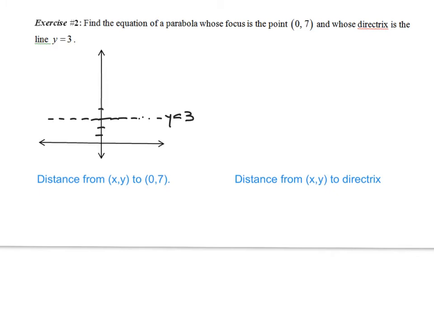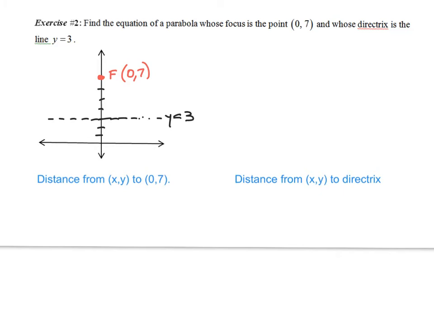Keep counting, 4, 5, 6, 7. So this point right here is going to be the point that forms my focus. I'm going to mark it F for focus, (0, 7). Now we know that the parabola has to have the focus inside of it. And we know that the directrix has to be on the other side, on the outside of the parabola.